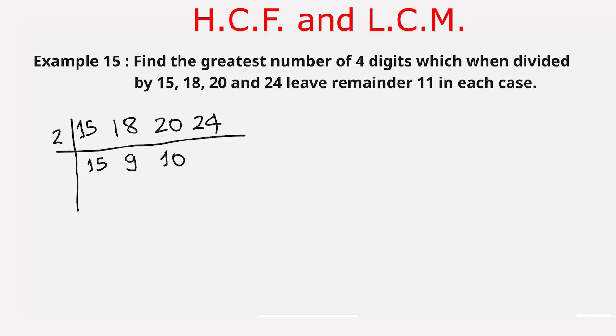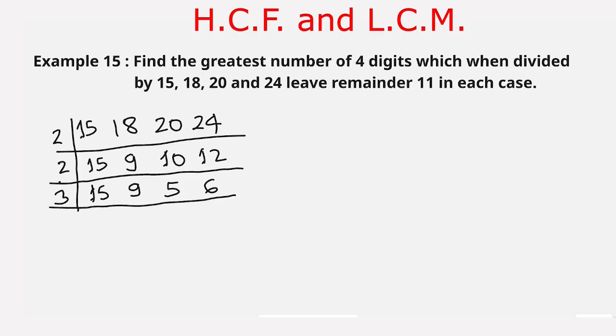And 24 when divided by 2, we get 12. Still there are 2 numbers divisible by 2. So we divide again by 2. 15 we carry as it is, 9 we carry as it is. 10 when divided by 2 gives us 5. And 12 when divided by 2 gives us 6.